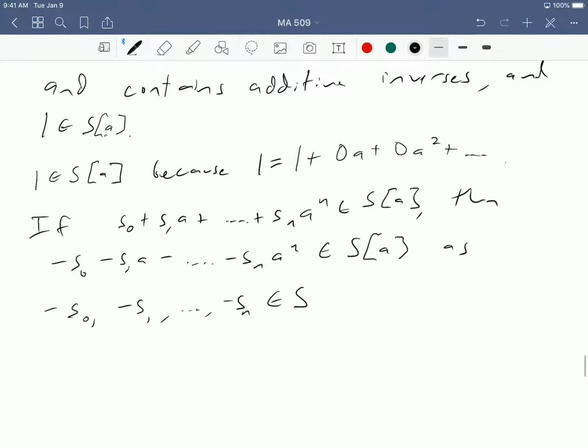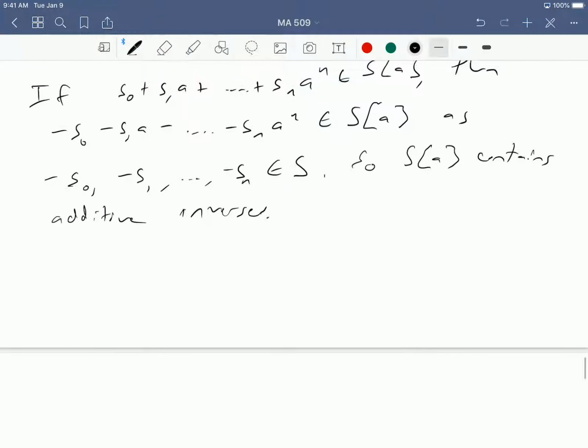That means if all those coefficients were in S, then the negatives of those coefficients are also in S. And so that means that the negative polynomial expression is in S adjoin A. Okay, so S adjoin A contains additive inverses.